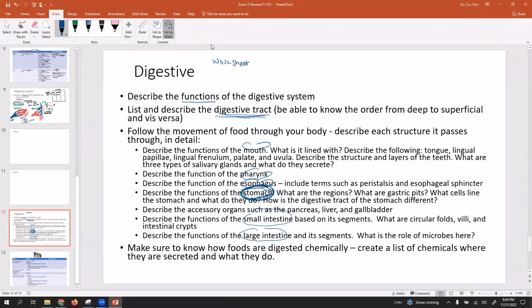Yes, what produces the hydrochloric acid? The parietal cells. Okay, so you've got the parietal cells, the chief cells. That's unique to the tissue lining of the stomach. You wouldn't find that in the esophagus nor in the small intestine.